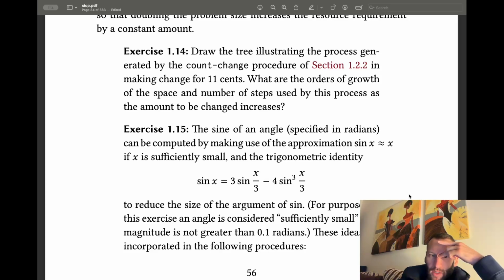For purposes of this exercise, an angle is considered sufficiently small if its magnitude is not greater than 0.1 radians. These ideas are incorporated in the following procedures.